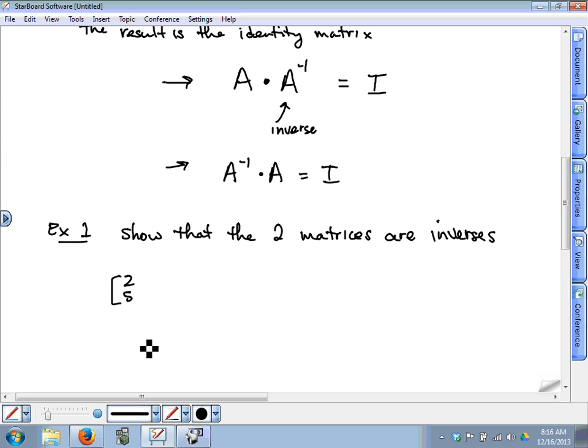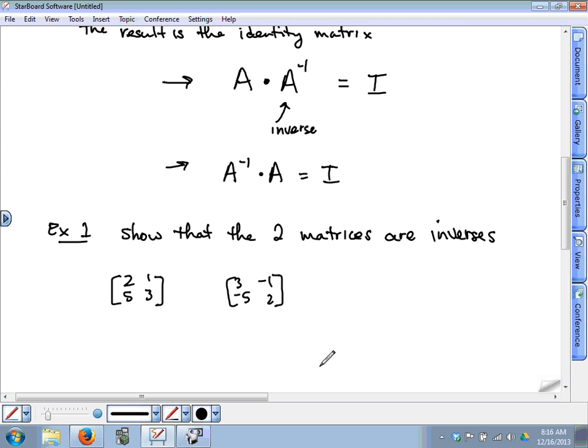First column is 2, 5. Second column is 1, 3. Next column is 3, -5. And -1, 2. We need to verify that these two matrices are inverses.